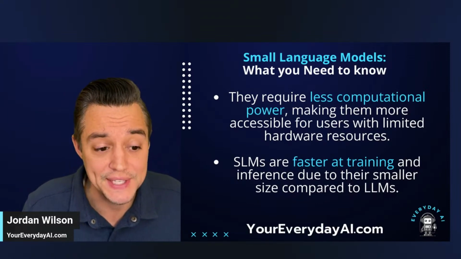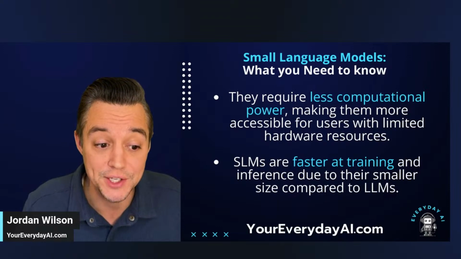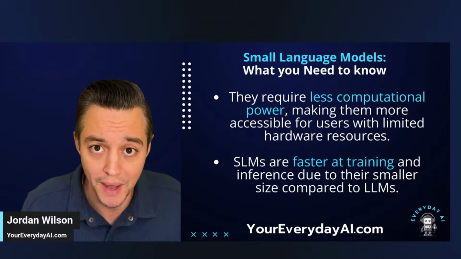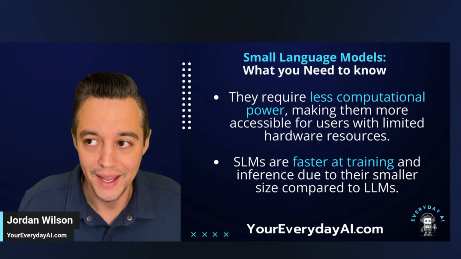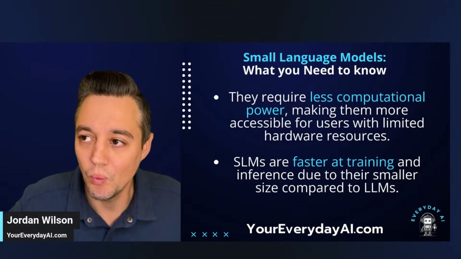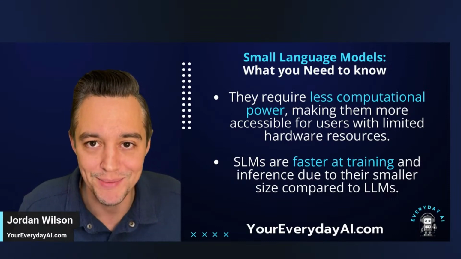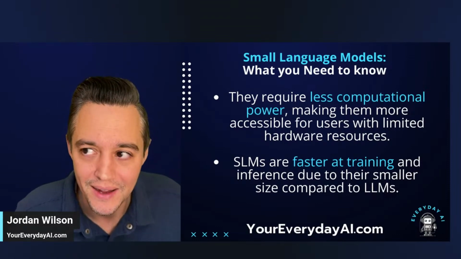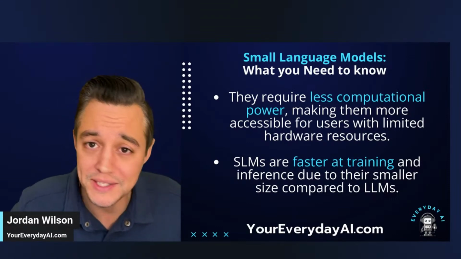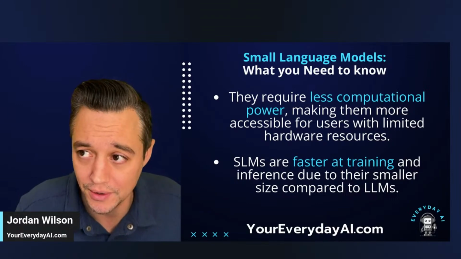Even with that, in the same vein, small language models are faster at training and inference due to their smaller size compared to large language models, right? It's faster when there are way fewer parameters, especially when you're using a small language model for what it's good at. It's on device. It has fewer parameters to look through, right?